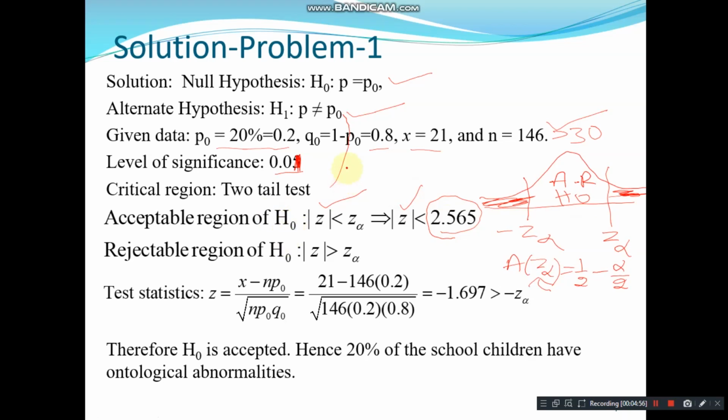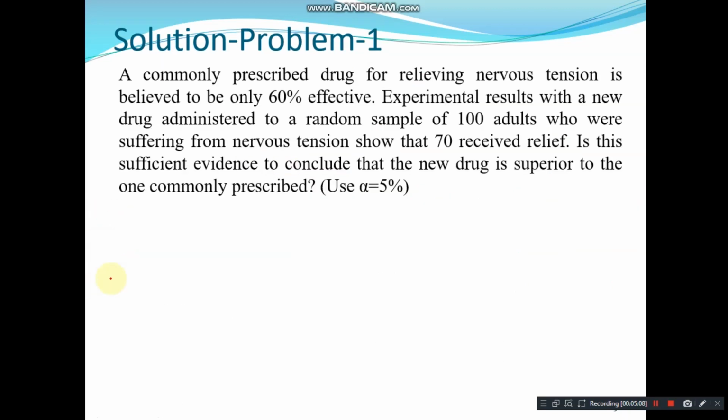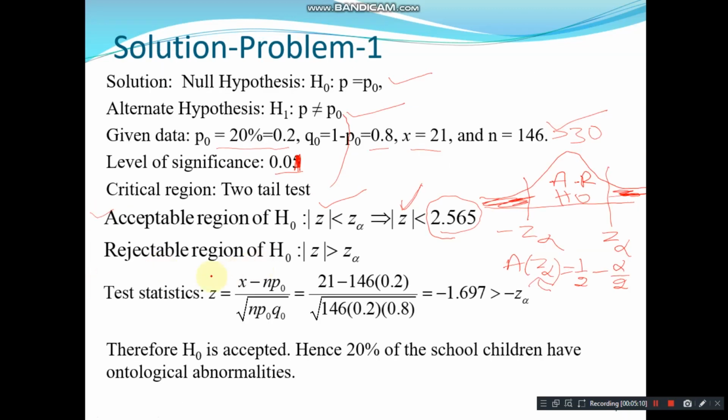Now once we have chosen the null hypothesis and alternate hypothesis, we have taken the given data and found the critical region, which is nothing but the acceptable and rejectable region. Now you go for the test statistic. What is the Z value exactly regarding the sample? For that, this is the formula: Z equals (x minus n p naught) over root of n p naught q naught.